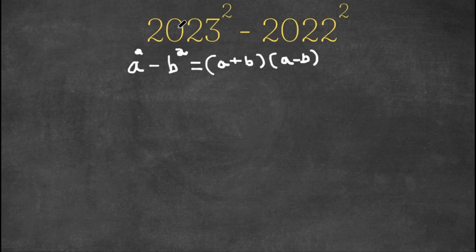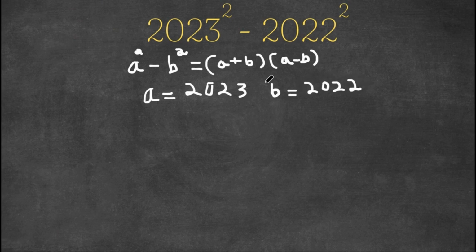So right here, we have 2023 squared minus 2022 squared. And as you can see, this matches up with a squared minus b squared, meaning a, in this case, is equal to 2023, and b is equal to 2022. So to solve this problem, we simply have to plug in a and b into our equation here. So a squared minus b squared equals a plus b times a minus b.